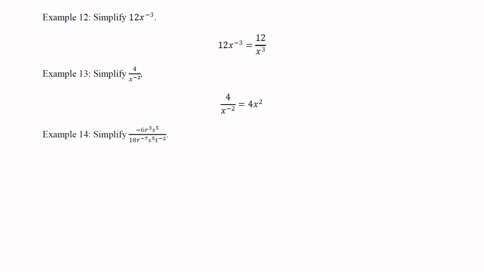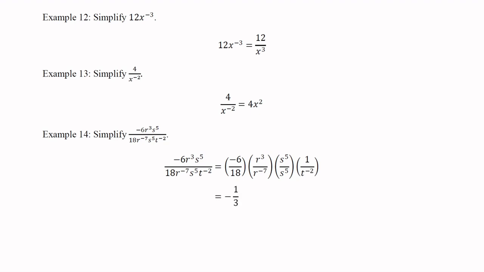Let's do one that's a little bit more involved. So for this one, we are going to have to first use the quotient rule. So let's split up our pieces. Let's start with our coefficients. Then we're going to put our r's together, our s's together, and we'll put our t term by itself.